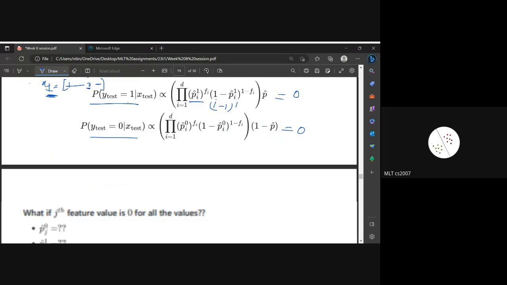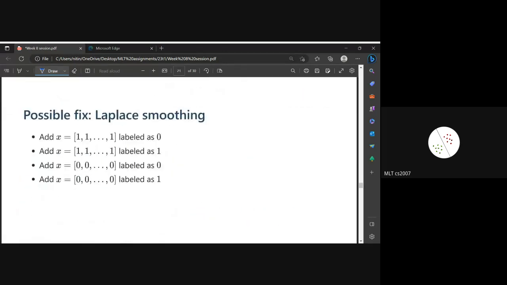So we make sure there is at least one data point in the training data set for all the possible values. For label 1, I will add one data point which takes all features value 1, and similarly for label 0, I will add one data point which takes all features value 0. So it makes sure that every feature, f1 to fd, takes value either 1 or 0.